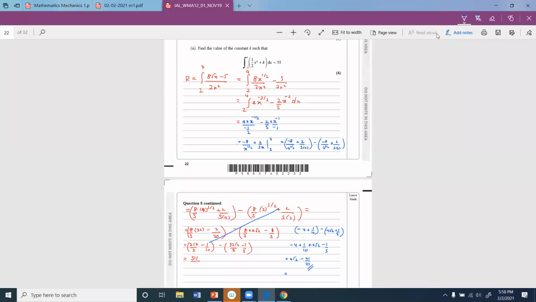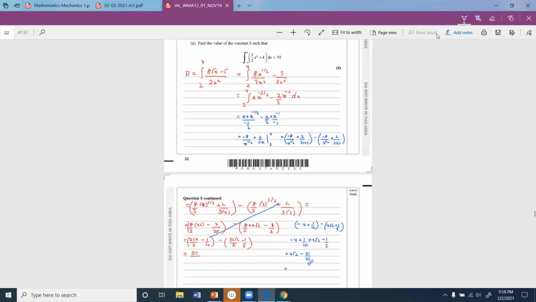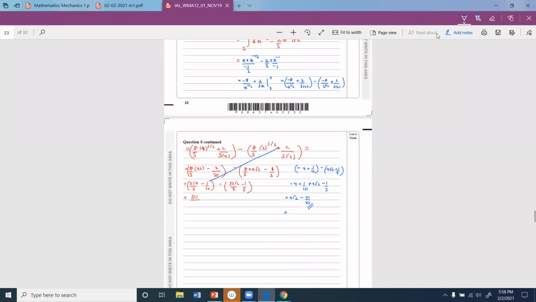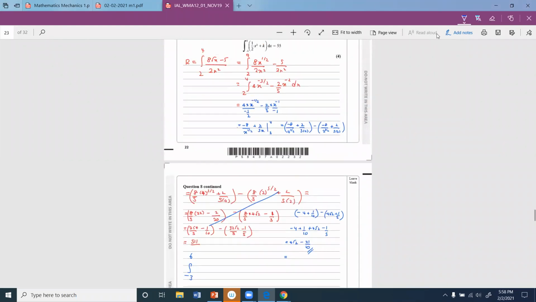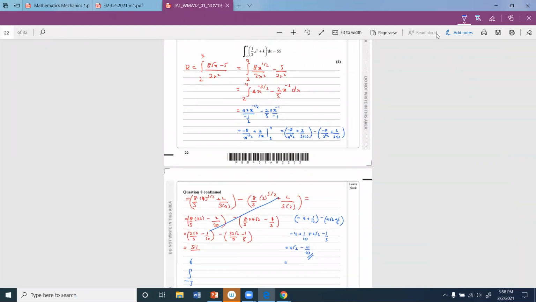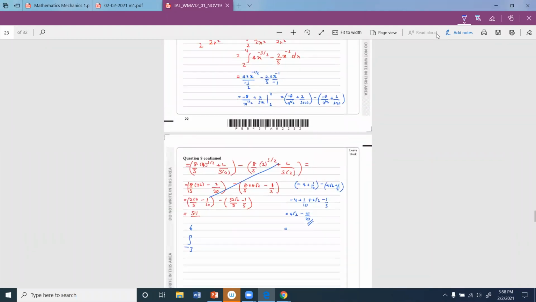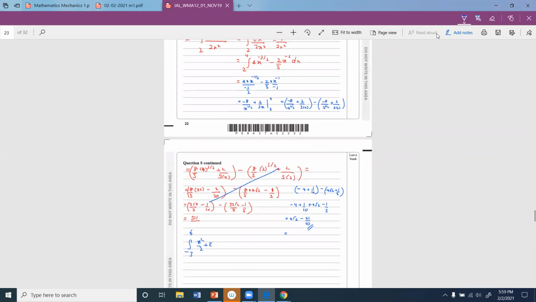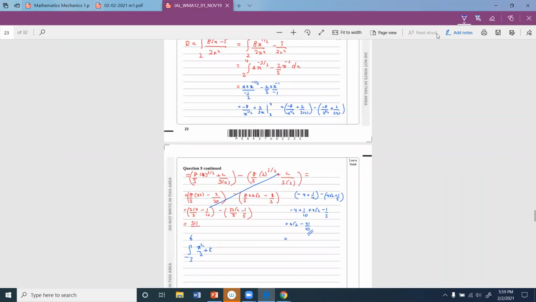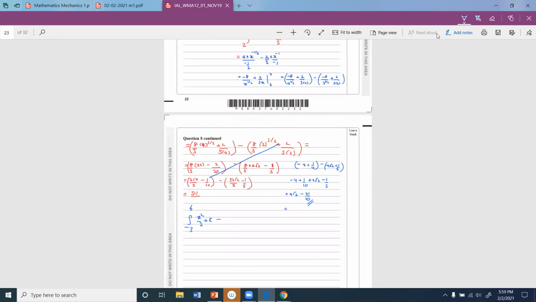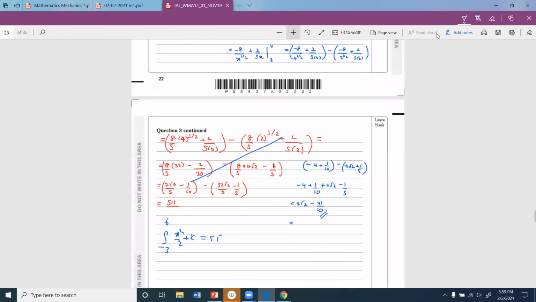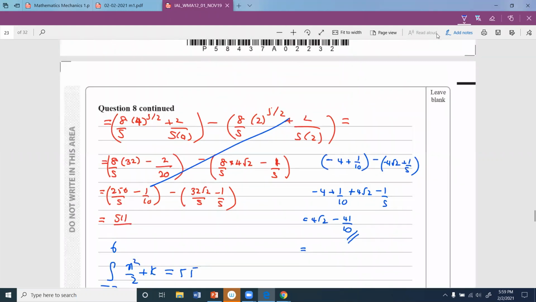Then the next part of the question is the integration from minus 3 to 6 of x squared over 2 plus k equals 55. Then what you need to get here is that we need to find the value for k.